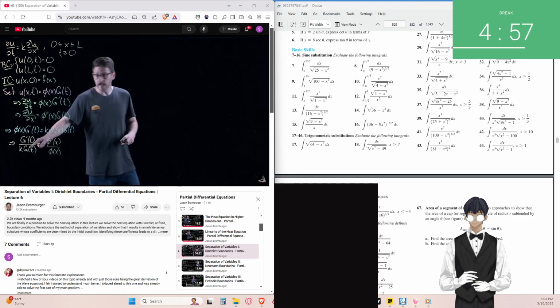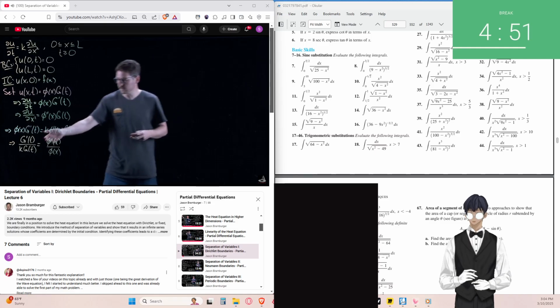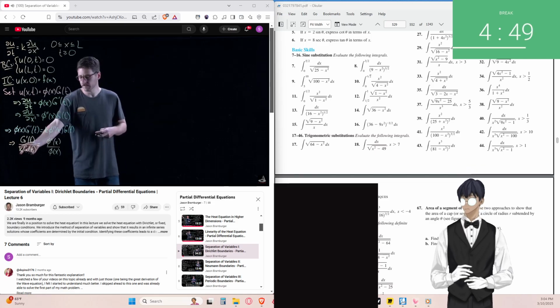So I took the k onto the left-hand side with the time derivative piece. It doesn't really matter where you take it, but it's sort of convention to put it with time.